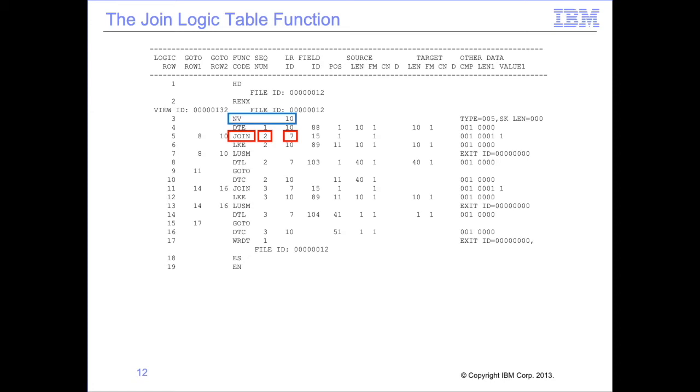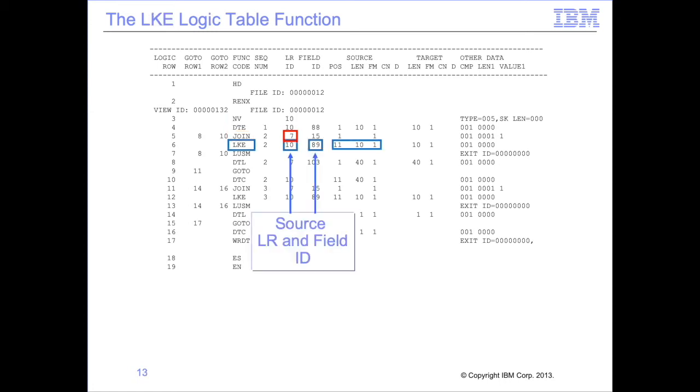In our example, the output from column 2 is customer email address, which requires a join to the customer file. Note that the NV indicates the source event file LR is 10, the order LR. The join target LR ID is number 7, the customer reference file. A join is almost always followed by one or more LKE functions.